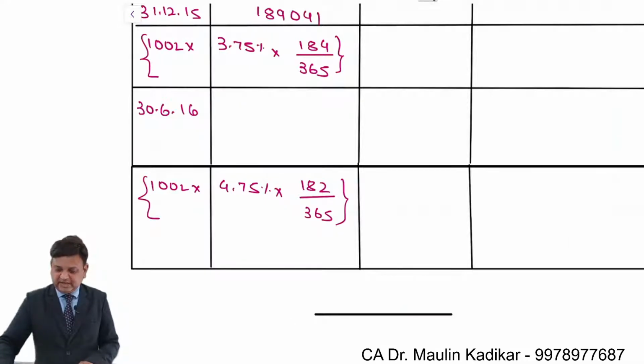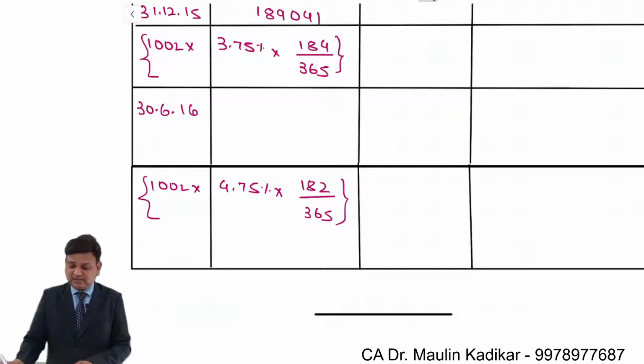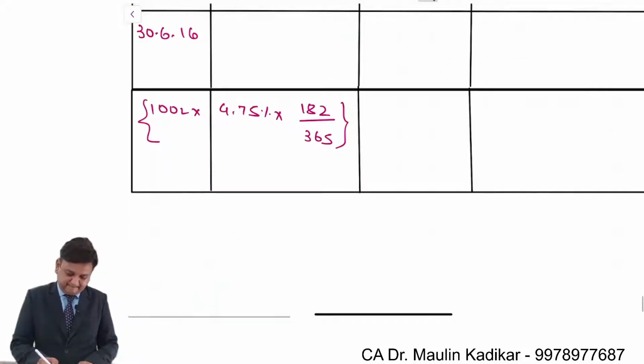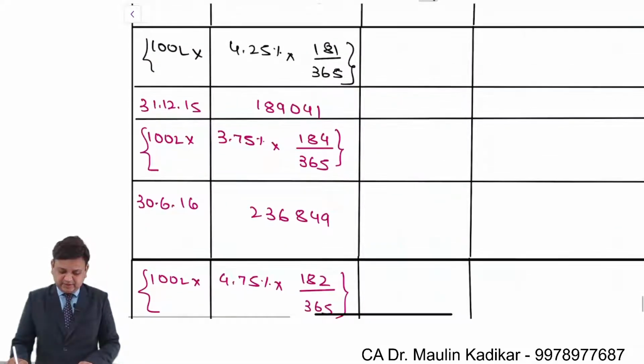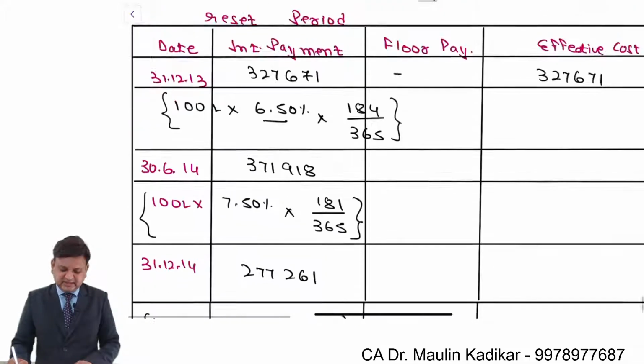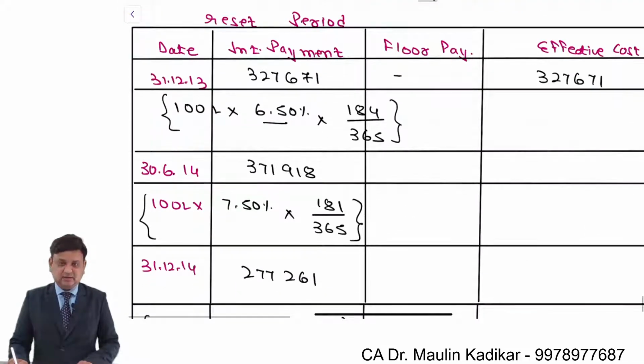So 100 lakhs into 4.75% into 182 divided by 365. So 2,36,849. That is the interest that we have to pay. These are the interest payments actually to the bank.